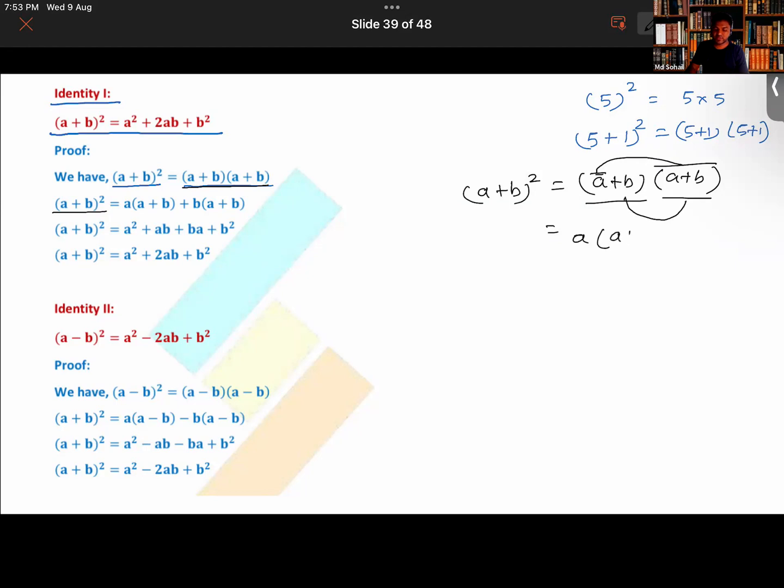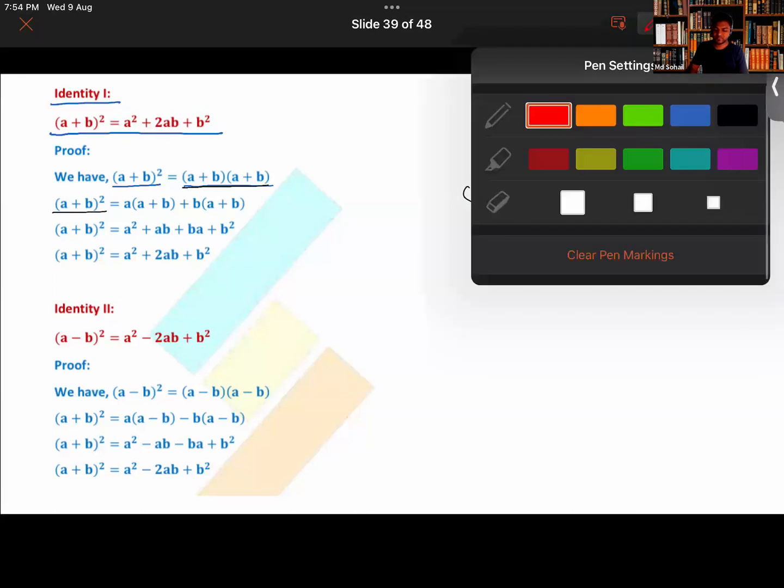A into (a plus b) and then b into (a plus b), right? The first term gets multiplied with all terms of the second expression here.